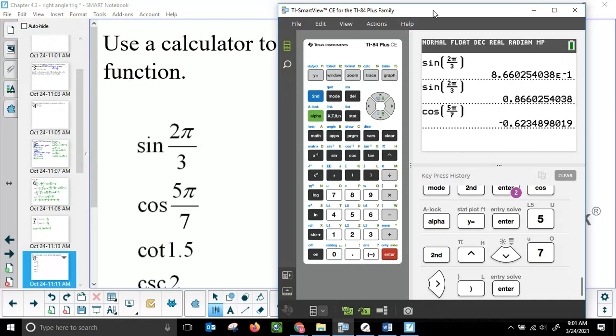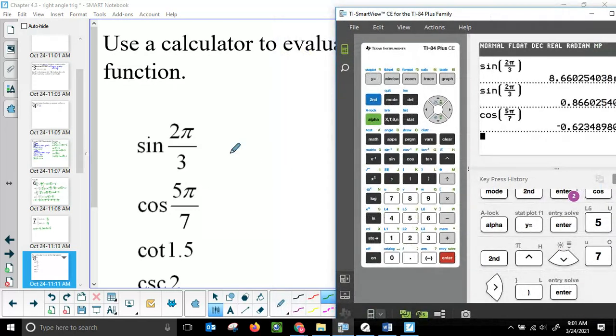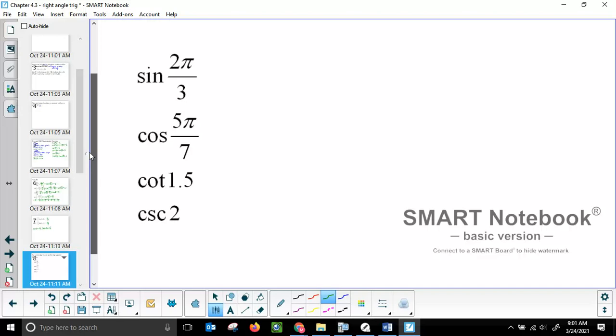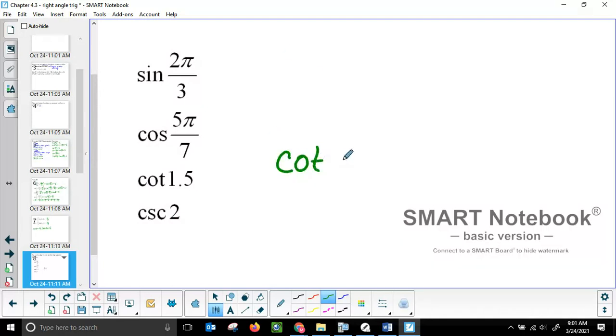Now, we do not have cotangent or cosecant buttons on the calculator. We know that cotangent of theta is equal to 1 over tangent of theta. My theta here is simply 1.5.